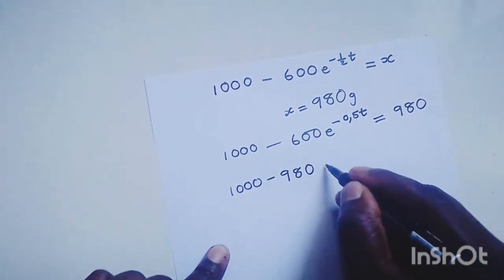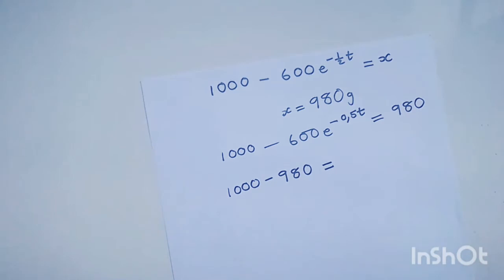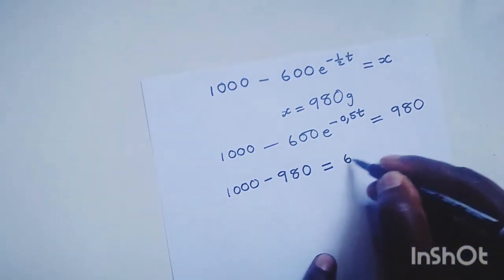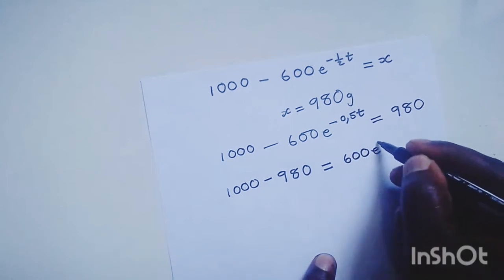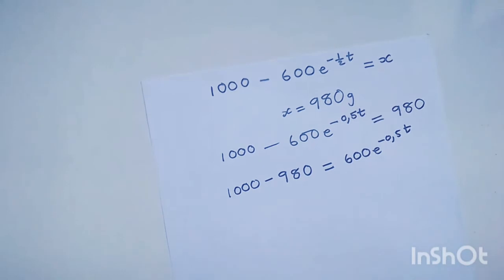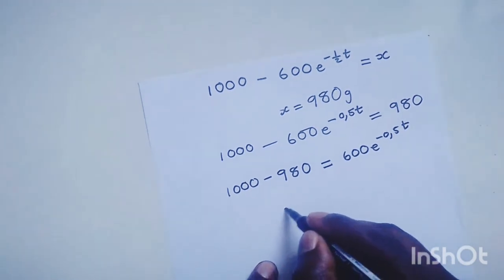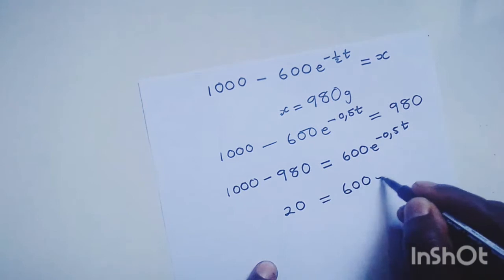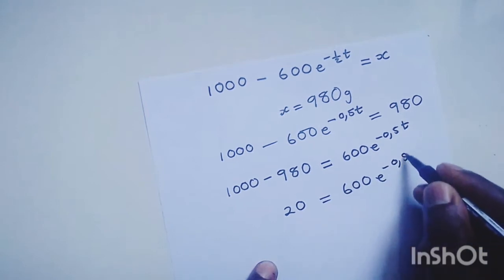So I'm going to move 980 to my left side. It becomes a negative number. Then minus 600 e to the power of minus 0.5t, I'm going to move it to my right side. It becomes a positive answer. Right. So 1000 minus 980, you get 20, is equal to 600 e to the power of minus 0.5t.